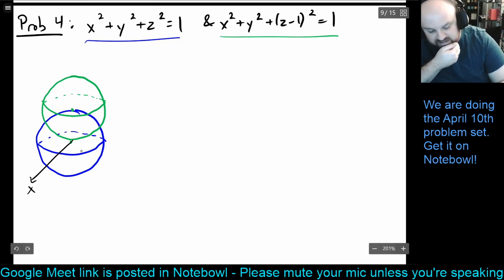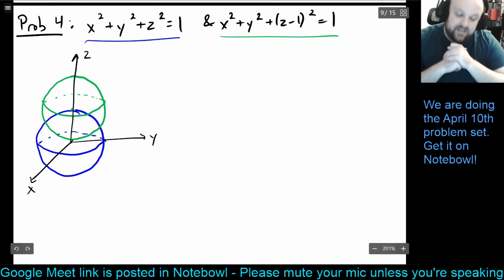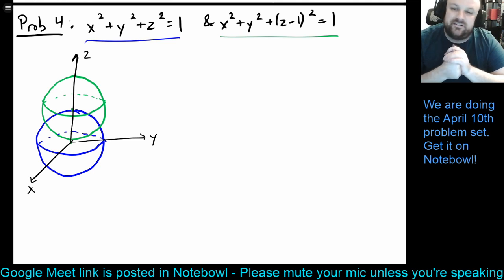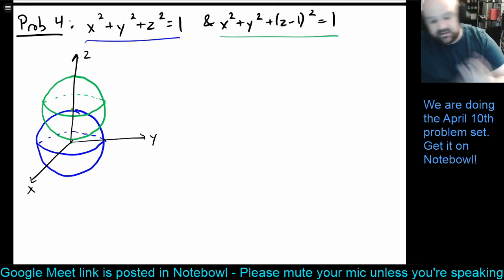Right, so we're sort of looking at a situation like this. Here's, say, the x-axis, y-axis, z-axis if you're so inclined to draw those in. So we're looking at the region, this kind of... there's a good name for this shape and I can't think of it.